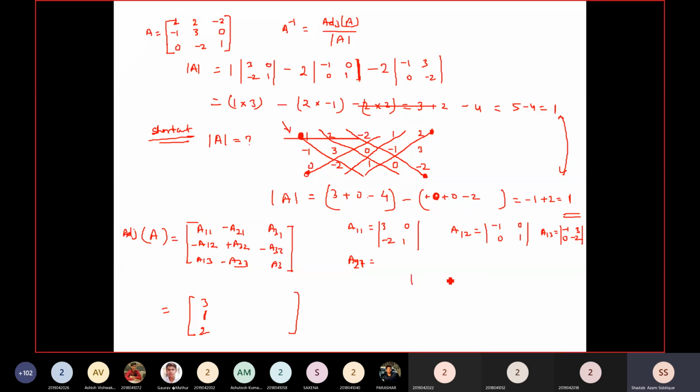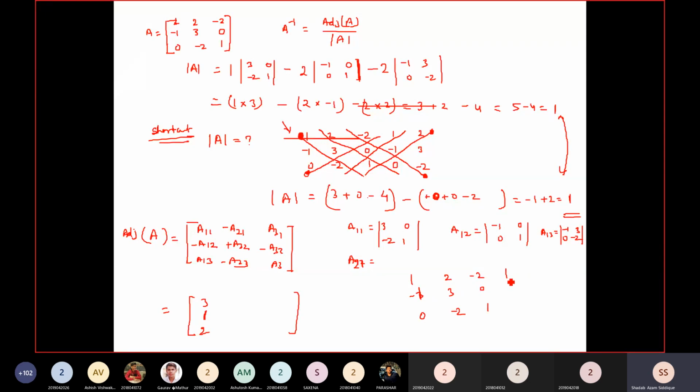So you take this one, okay, 2 minus 2, and write minus 1 3 0, okay, 0 minus 2, don't write again. I have done it separately. I am finding the determinant and adjoint separately, so I have written separately, but you can go through the shortcut and write it in only one go, okay.